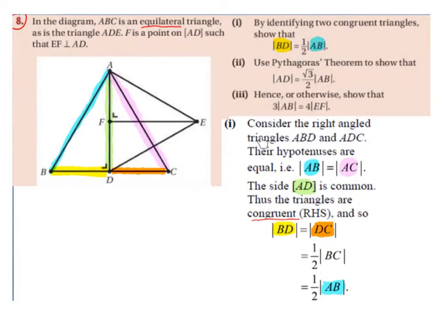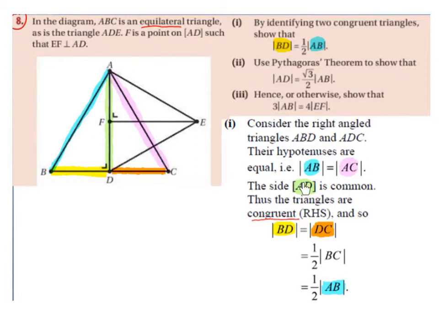Consider the right angle triangles ABD and ADC. Their hypotenuses are equal, so AB is equal to AC, because remember ABC is an equilateral triangle.